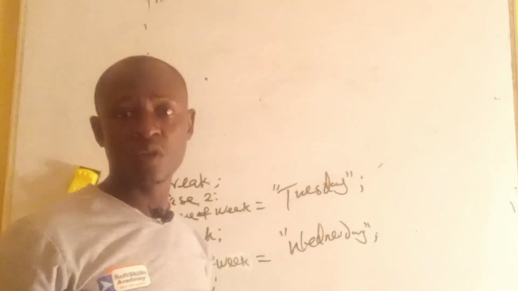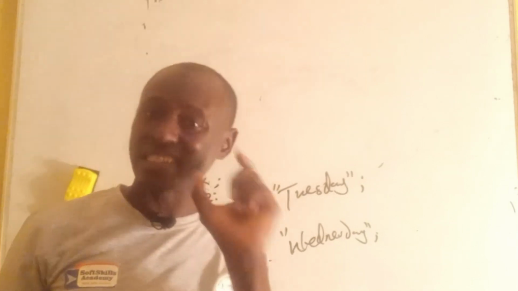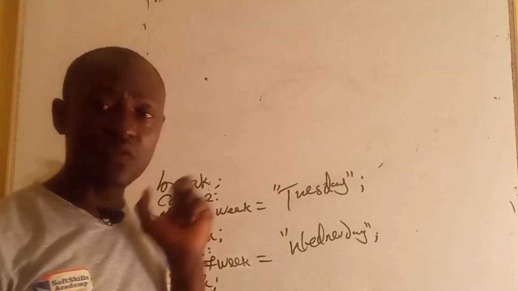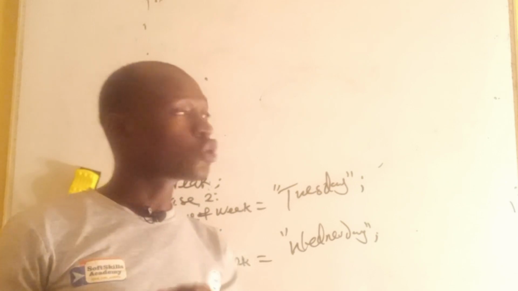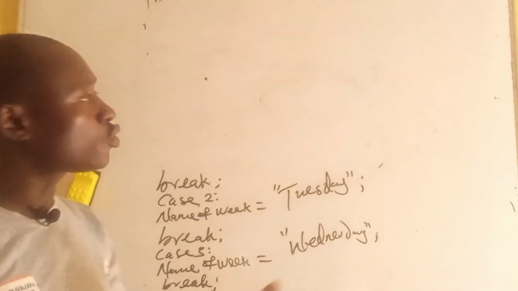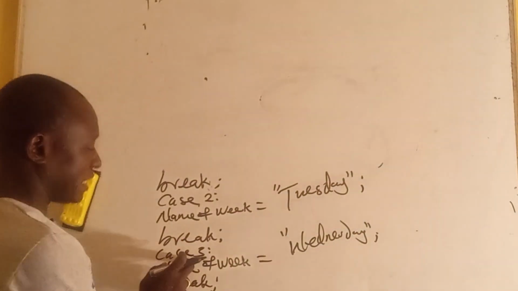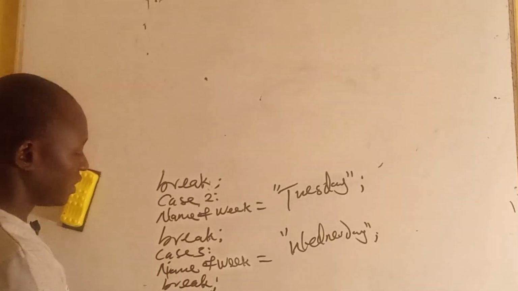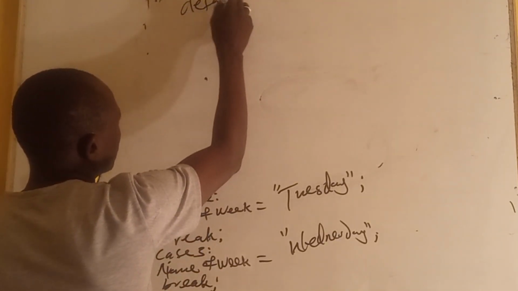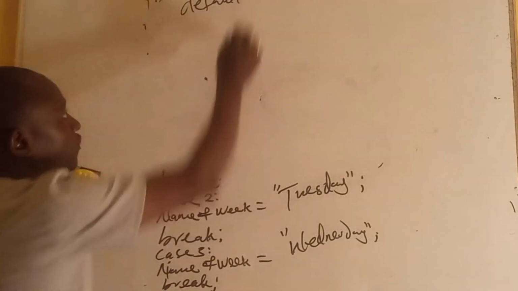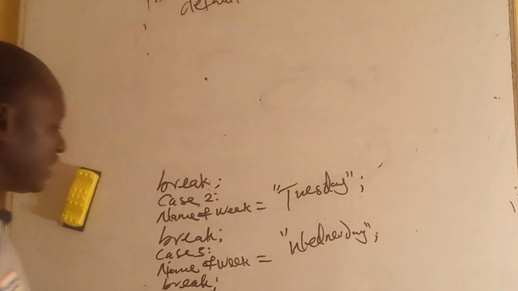We don't have case 8 because the number of days stops at case 7. Isn't it? So we are not going to use case at this point. We are going to use default instead of the case.